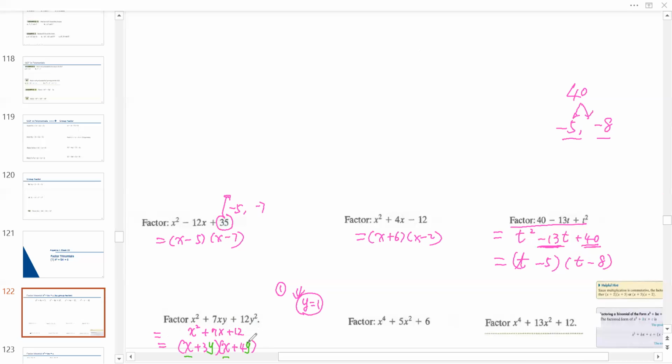X squared, right? Here is 4xy. Here 3xy and 12y squared, right? So it can be easily factored this way. All right. So be careful about these kinds of things when you have two variables. Another method is to do it this way. On both sides we take this out.